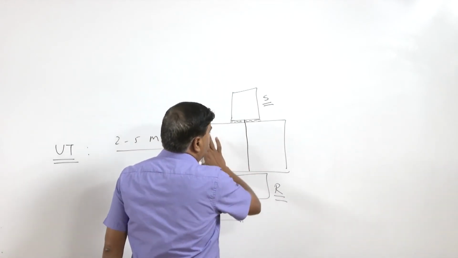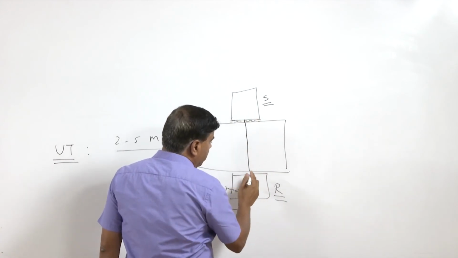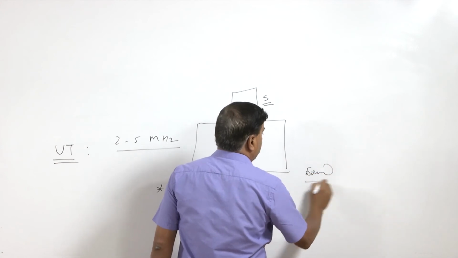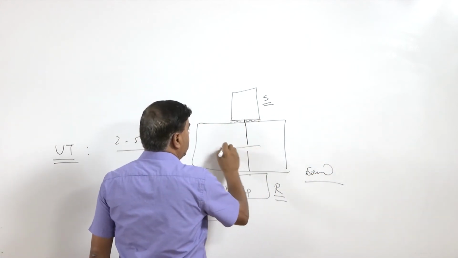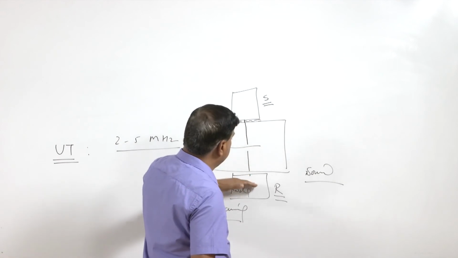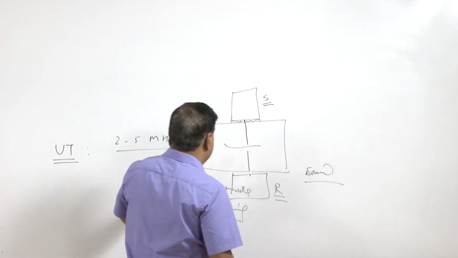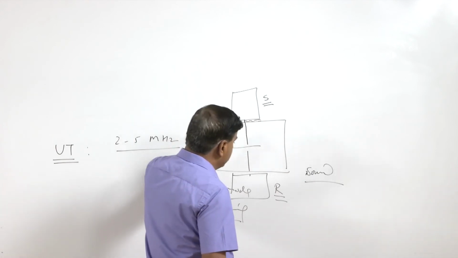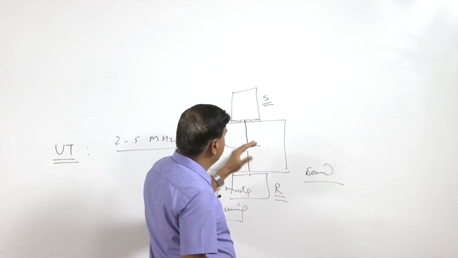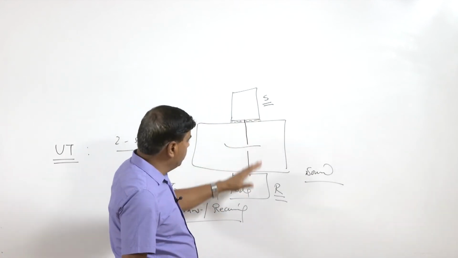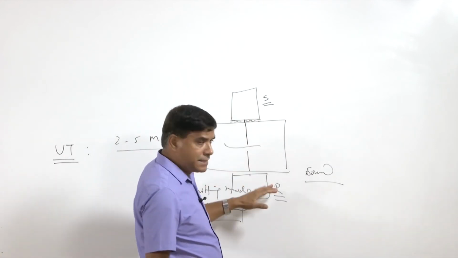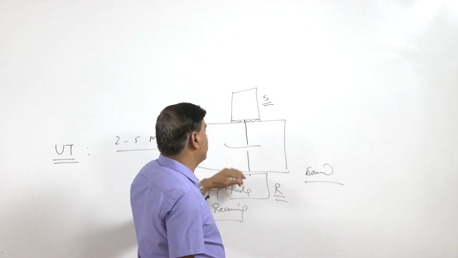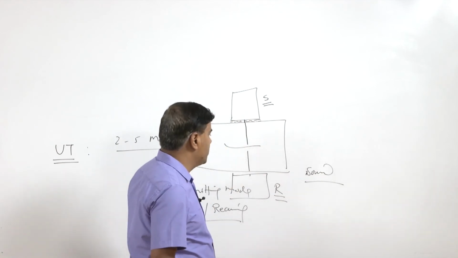If the material is sound, then the wave will be able to reach the end, and this will suggest that the material is sound. But if there is a discontinuity, then the waves will not be able to reach the end. But there is another problem in the transmitting mode: the two probes, the sending source and the receiving probe, should be aligned properly, otherwise they will not receive these vibrations.